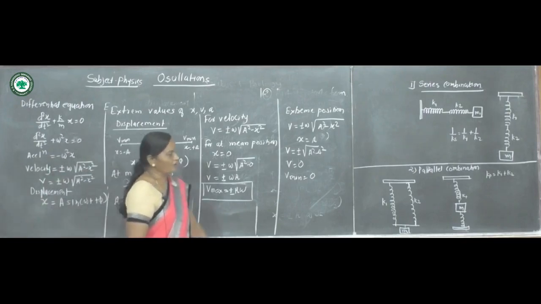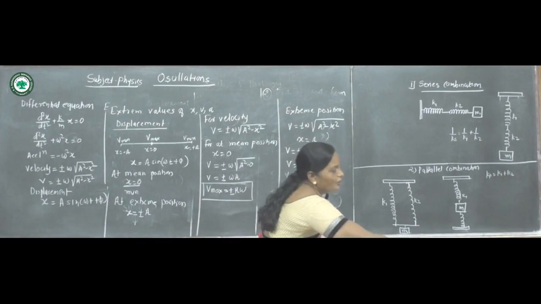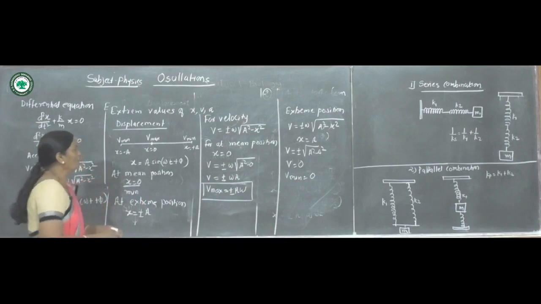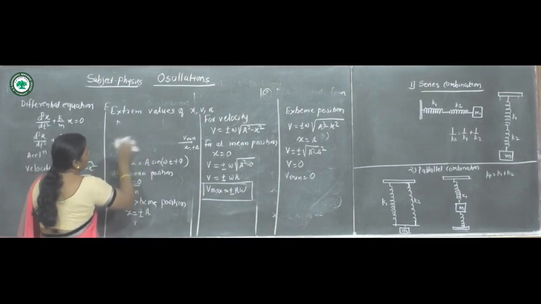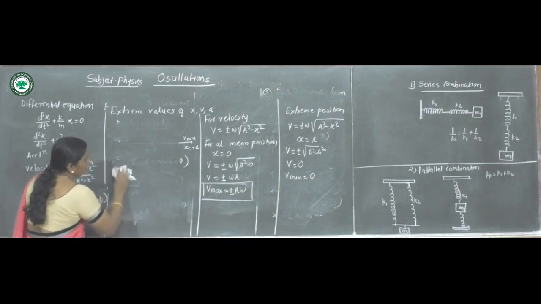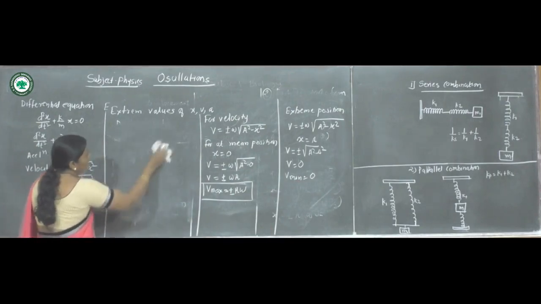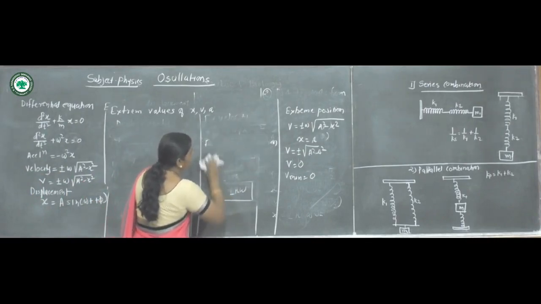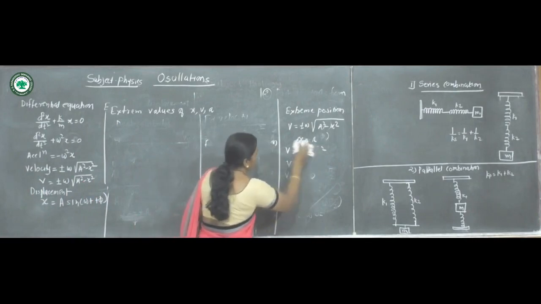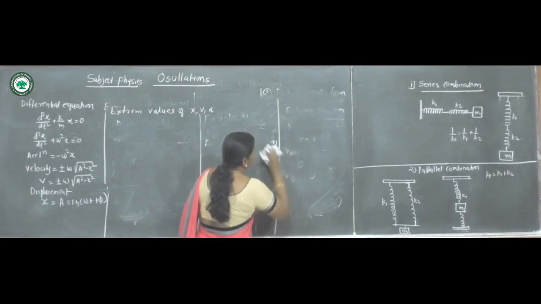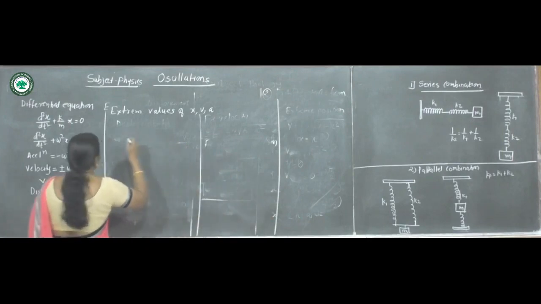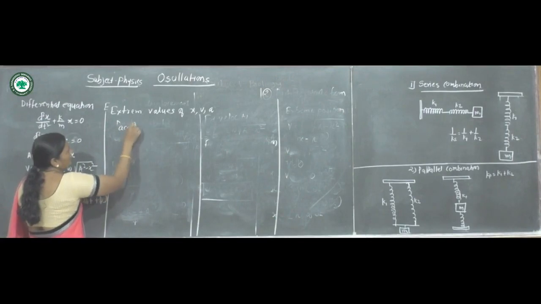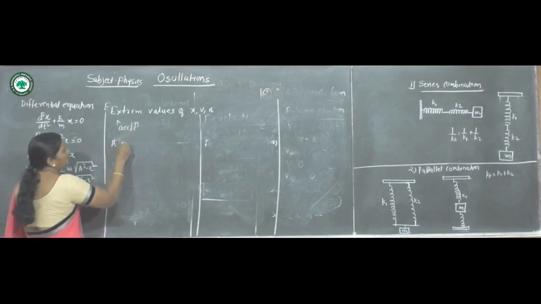Now the next quantity, after displacement and velocity, is acceleration. In case of acceleration, we consider the particle at mean position and the particle at extreme position.